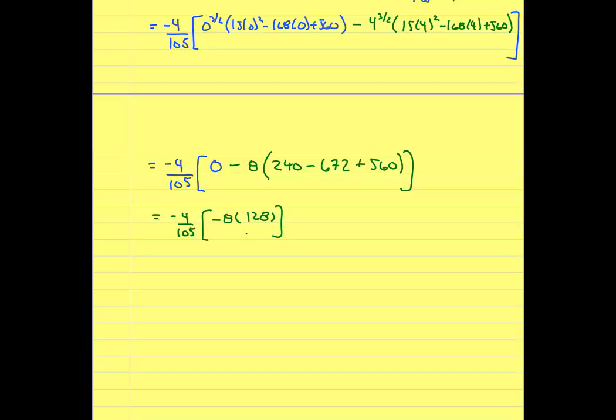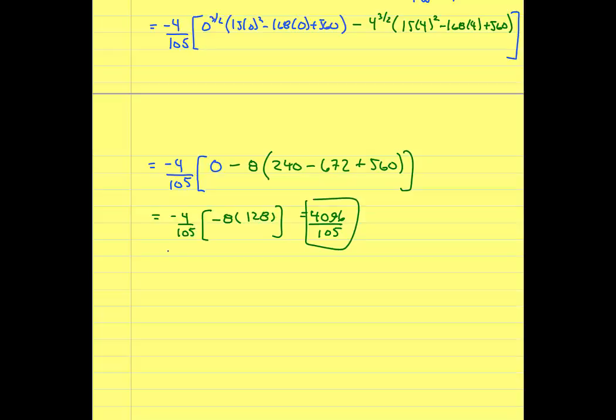So let's go ahead and multiply straight across the top. A negative times a negative is a positive, so I have 32 times 128. So I have 4096 over 105. Now 4096 over 105 does not reduce. I don't see any common factors there off the top of my head. So not reduced, that is your final answer.